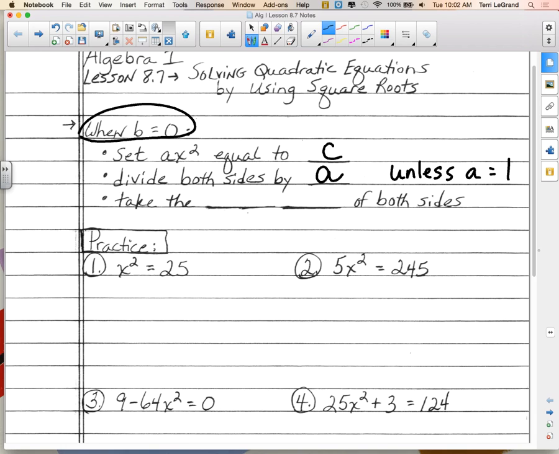Then we will take the square root of both sides. Because when we solve an equation, whatever you do to one side, you have to do to the other side. So if we take the square root of one side, we have to take the square root of the other side.